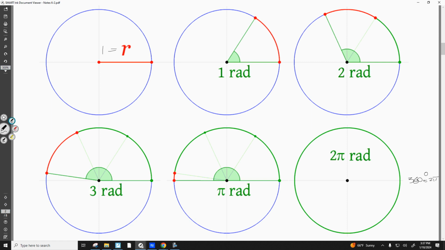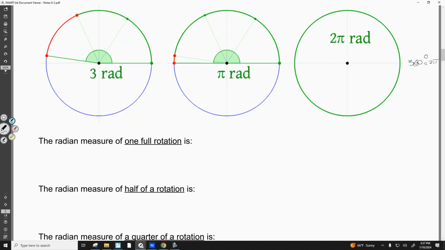They're equivalent. Your understanding of 360 degrees is equivalent to a universal understanding of 2 pi radians, this distance around the unit circle. 2 pi is all the way around the circle. It is the circumference of a circle. We say 2 pi radians is equivalent to 360 degrees.